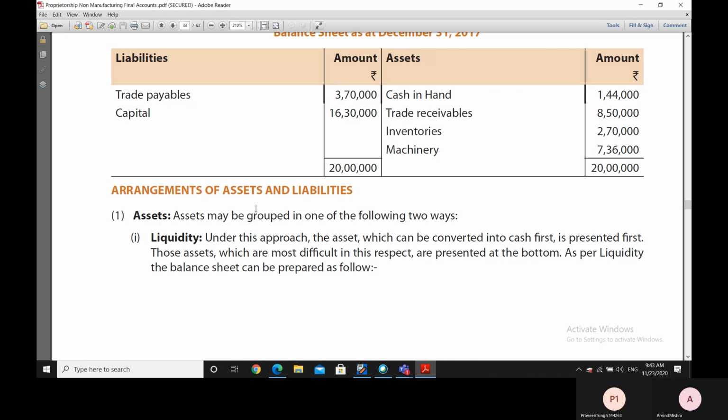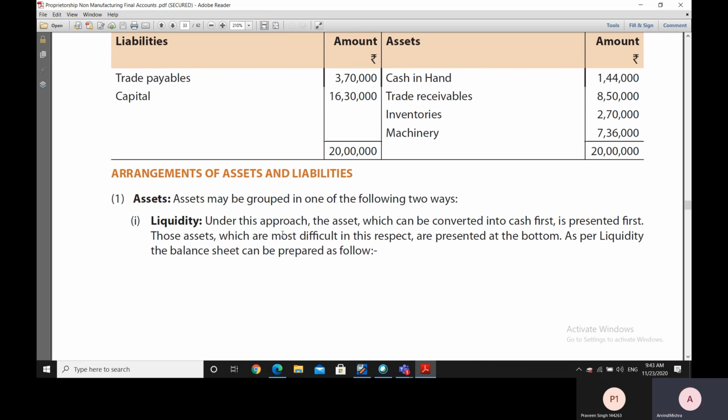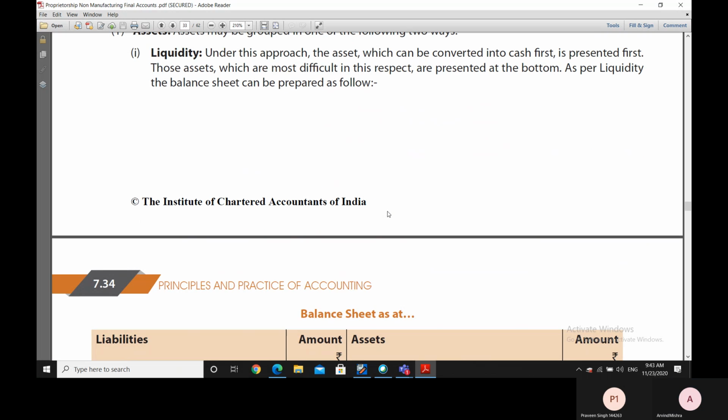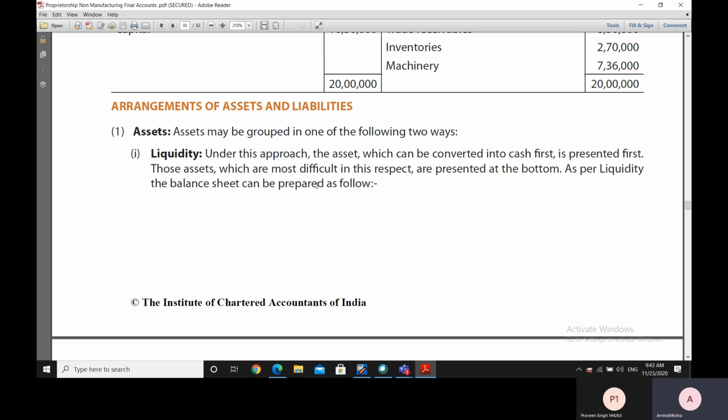Now, we come next to how the assets and liabilities are arranged in the balance sheet. Assets in the balance sheet may be grouped in 2 ways. The first method is to group them by liquidity.